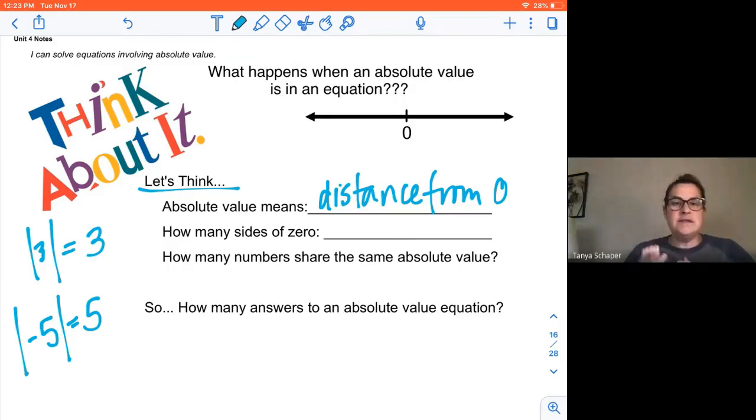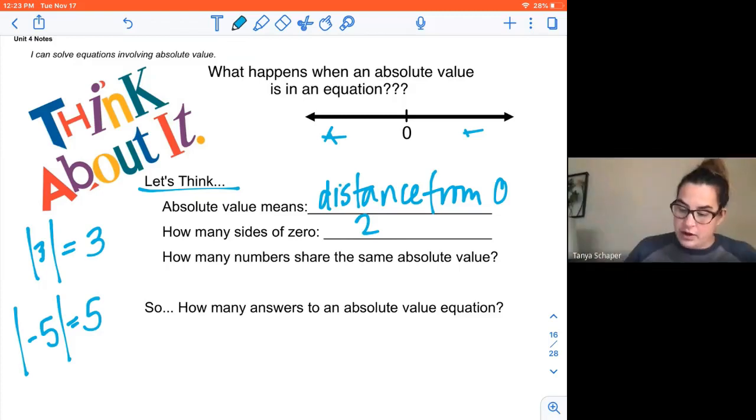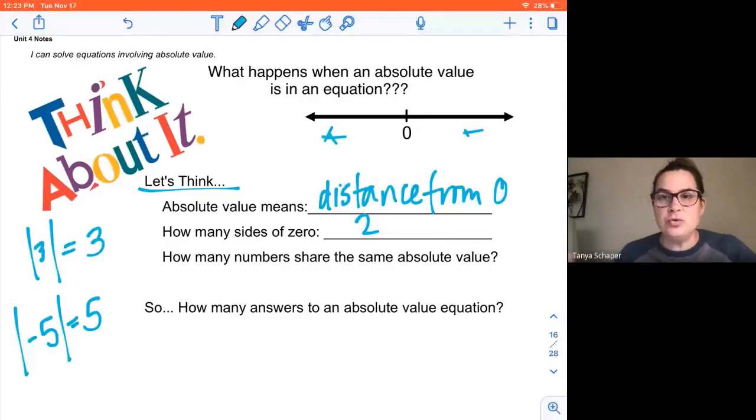Okay, now 0 has two different sides. There are two sides to 0. And so when we want to know how many numbers share the same absolute value, so how many numbers are the same distance away from 0, there are two numbers: 5 and -5, 2 and -2, -76 and 76. There are two numbers that have the same absolute value.